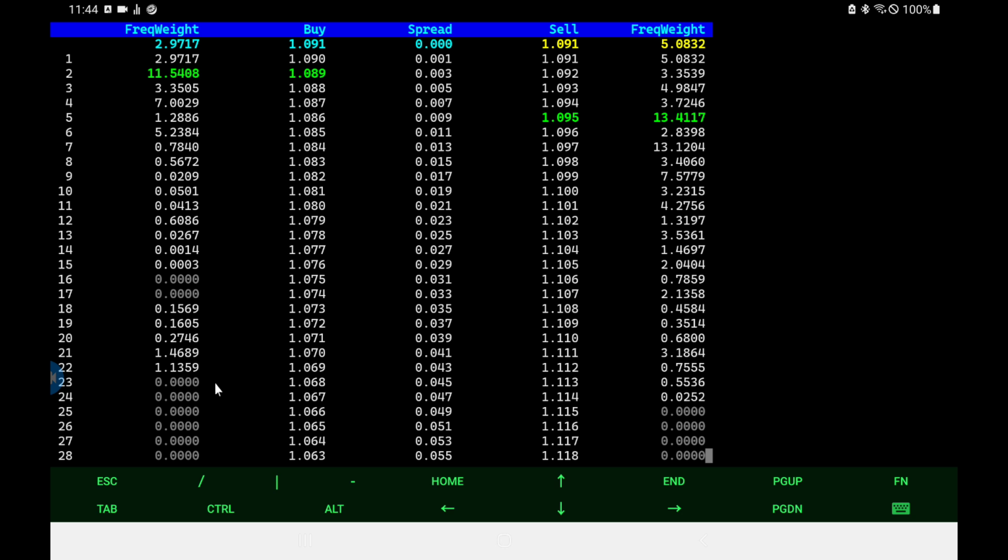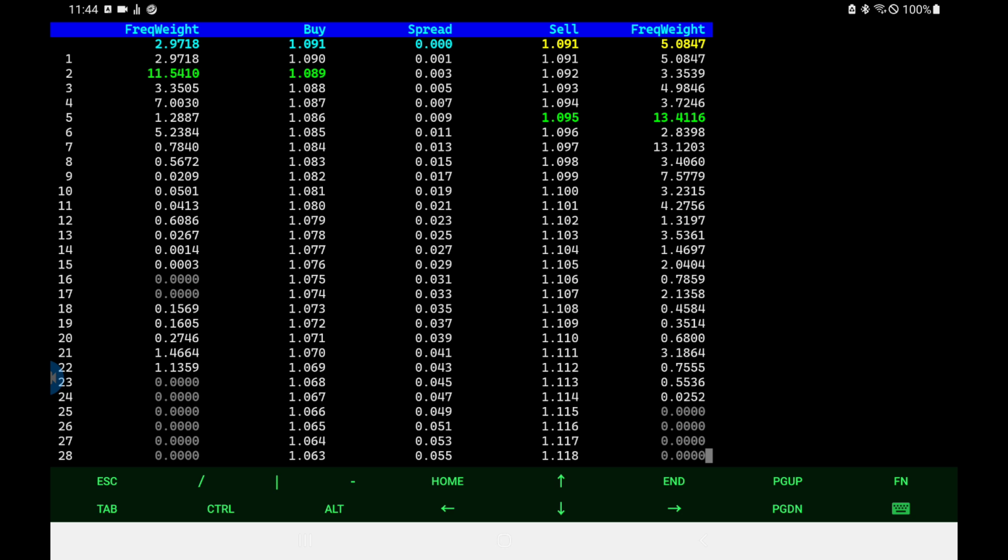So we have a lower range of 1.068 and a higher range of 1.115. By knowing the range, we know where the market is actually looking for price. Through the combination of volume and frequency counting, we can see whether participants are interested in getting into or out of the market simultaneously.